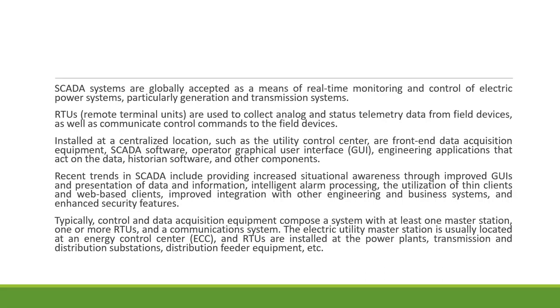The electric utility master station is usually located at an energy control center, you can call it ECC, and RTUs are installed at the power plants, transmission and distribution substations, distribution feeder equipment, etc.